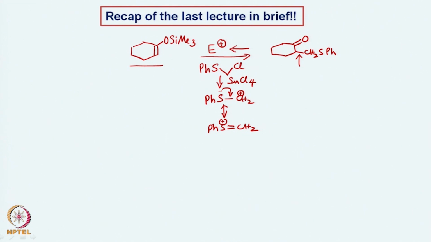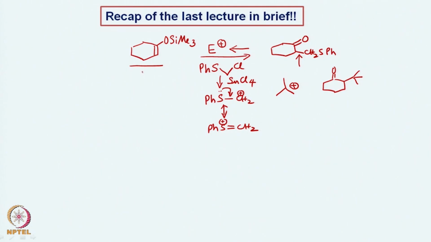We saw various aspects of it and saw even how a tertiary cation can be allowed to react with these enol silyl ethers, and we can get the ketones having a tertiary butyl group alpha to it, which is not easy to introduce by traditional means. So, enol silyl ether is a good option for such reactions, but there are disadvantages, as we discussed, that only strong electrophiles can be reacted.